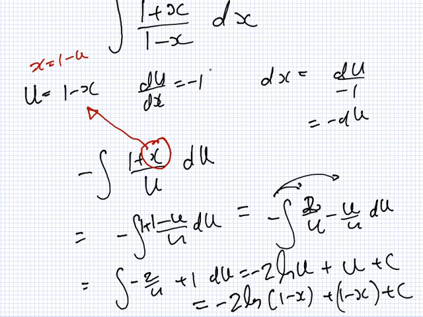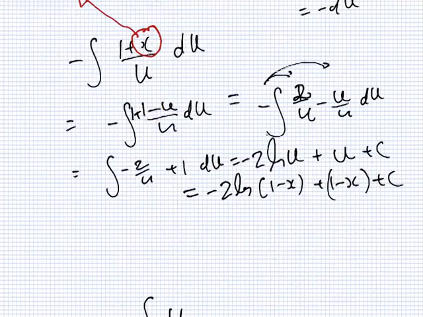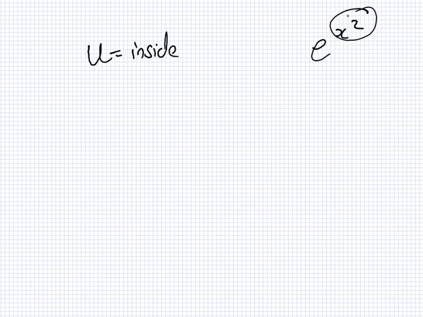There is no easy way to know, and in the exam, they sometimes tell you in the question what to use. But I'll give you some basic rules, ideas, okay? So, usually you let u equal to what's on the inside. So if you had an x squared, you let u equal to x squared.